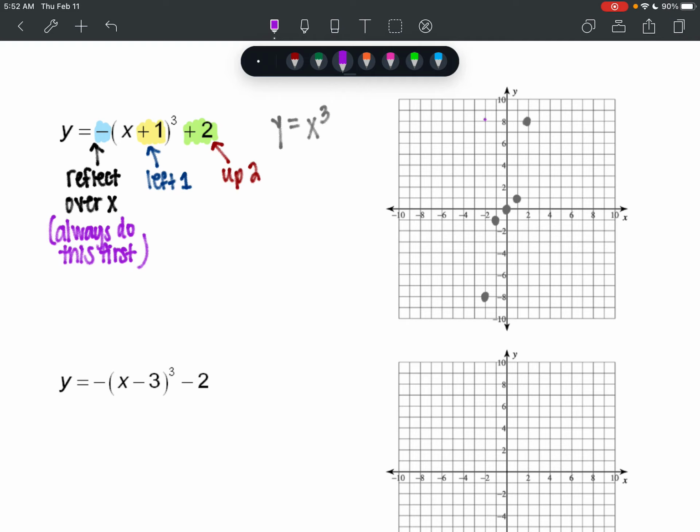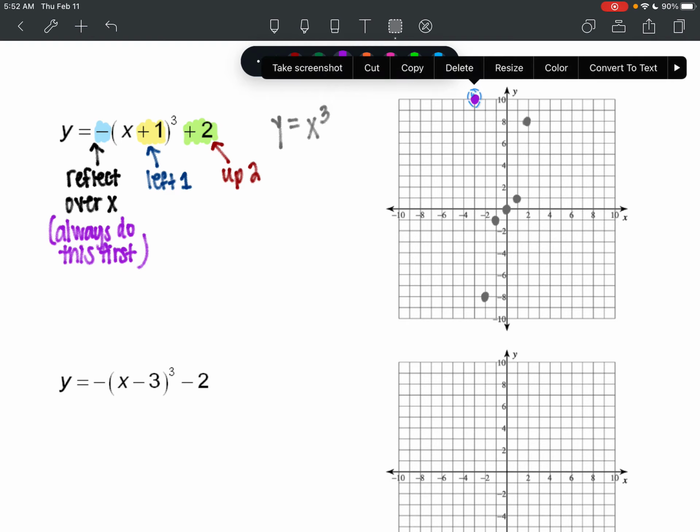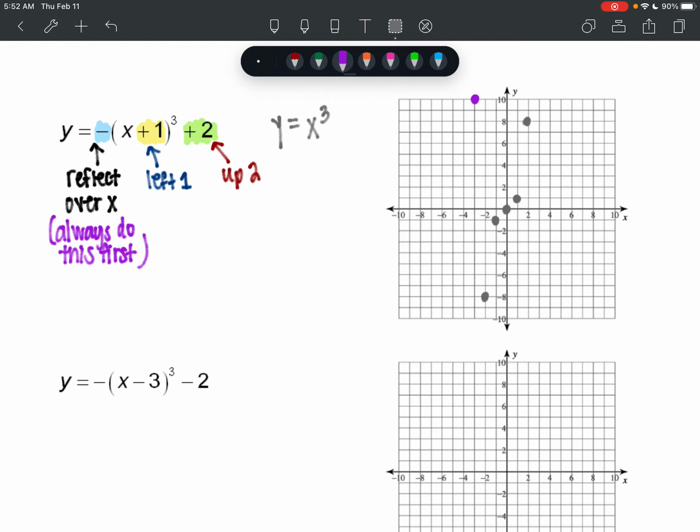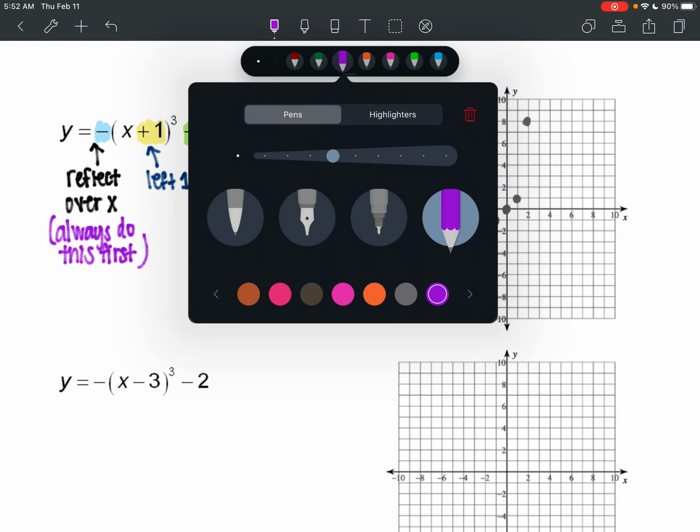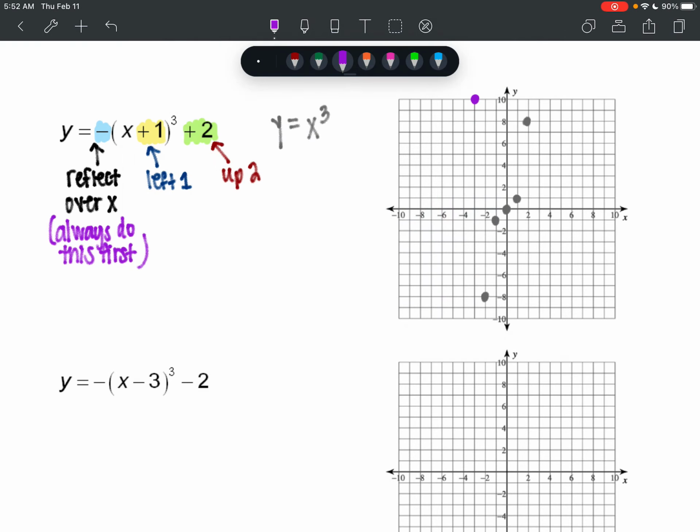Reflect over x brings it up here. And then we're going to take that point and go left 1, up 2. And that's going to be our new point for our graph. Okay, let's try that again. I'm going to take -1, -1, and reflect over the x-axis.